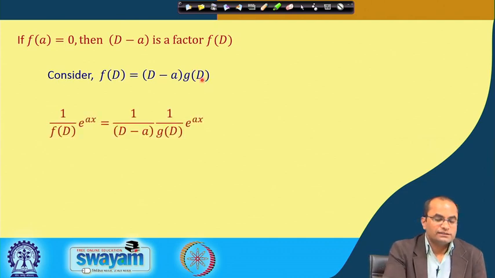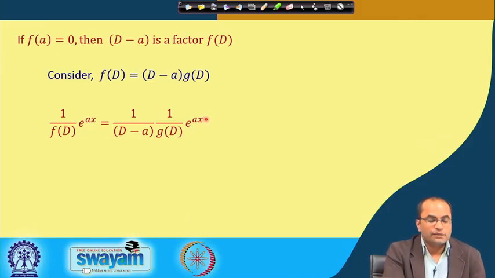So, in that case what will happen now, 1 over f d e power a x, when we operate here, this we can write down as 1 over d minus a and 1 over g d, because f d was this d minus a and g d. And now, we can operate first this e power a x on this 1 over g d.